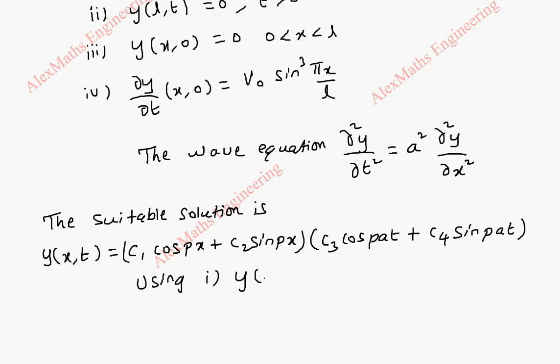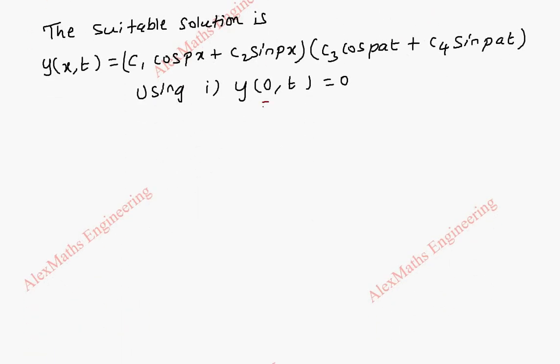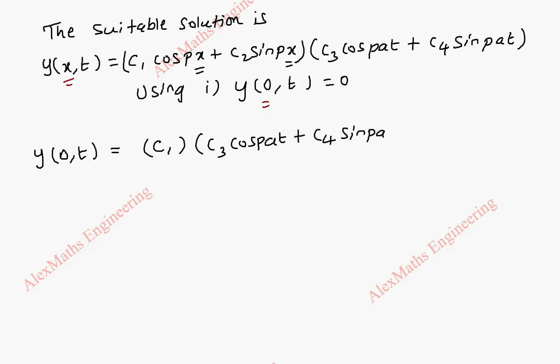Now using the first condition, which is y(0, t) = 0, wherever x is there, we have to replace it with 0. So y(0, t) is c1, since cos 0 is 1 and sin 0 is 0, so we have only c1 left, and the rest of the terms are written as they are: c3 cos pat plus c4 sin pat, and this value is 0.